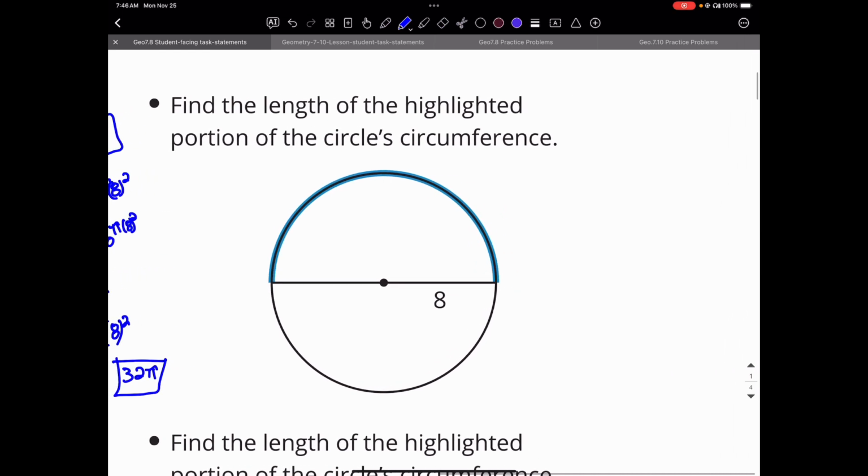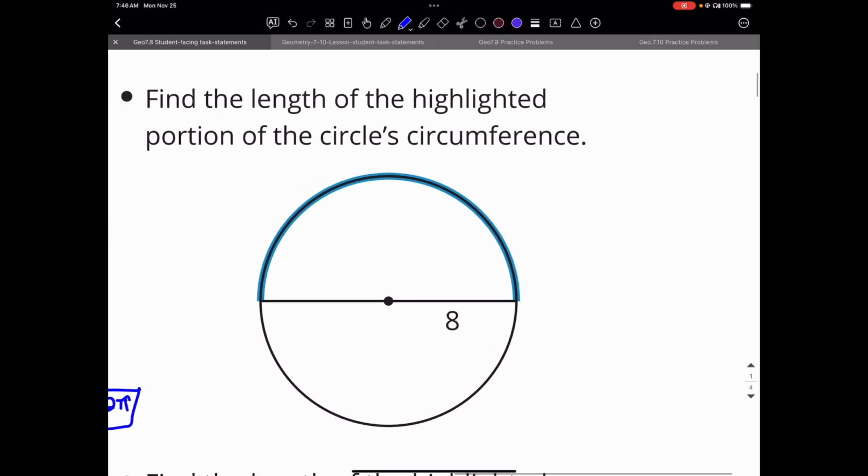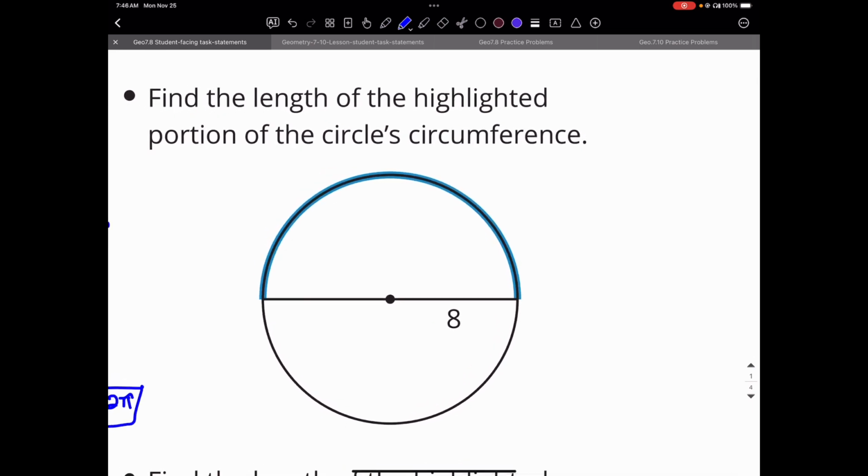Now, the length of the highlighted portion, or the circle's circumference, the arc length, we sort of just worked with that, but let's go over what this is. So this is an angle of 180, right? It's a straight angle. This circle has a radius of 8.